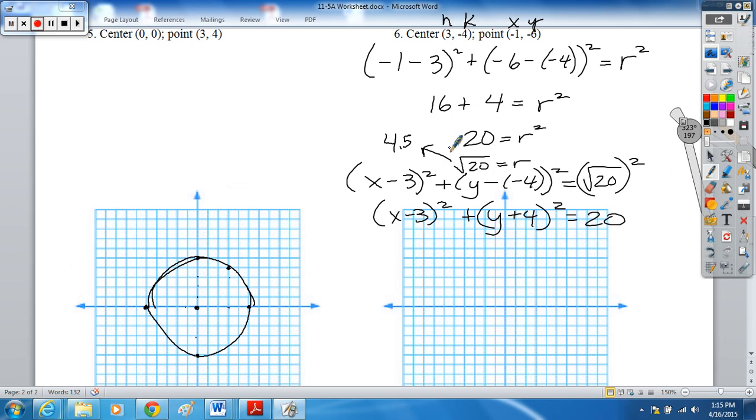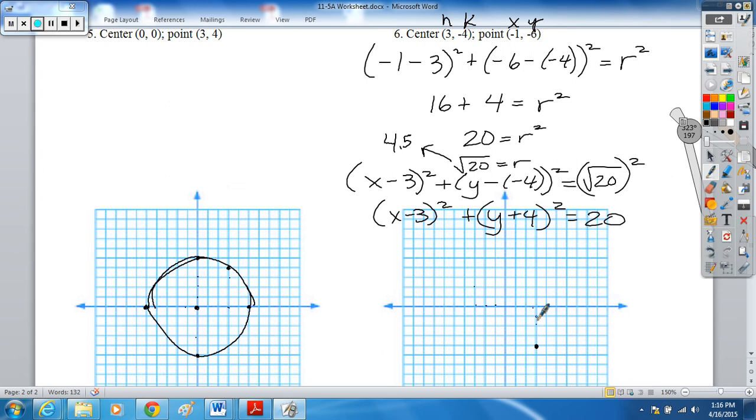And so if I go negative 3, 1, 2, 3, and go up 4, 1, 2, 3, 4, and then go 4.5 from there. Oh, I just realized something. Don't do that. We want to start with 3, negative 4. So 1, 2, 3, 1, 2, 3, 4, and then from there you want to go 4.5 units.